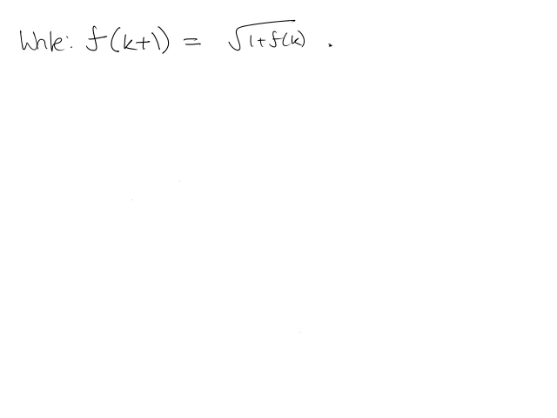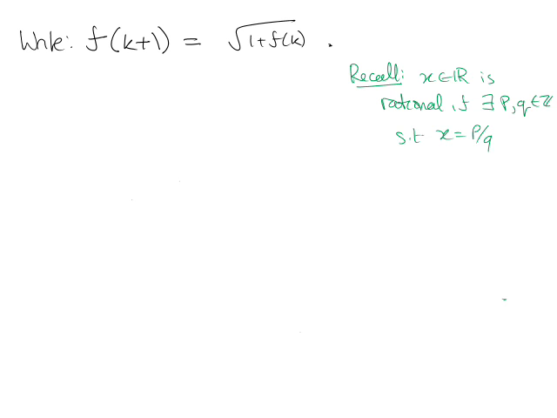So here, you might pause for a moment and think, how am I going to show a number is irrational? Let's just recall what the definition of rational is. A real number x is rational if there exist integers p and q such that x is equal to p over q.